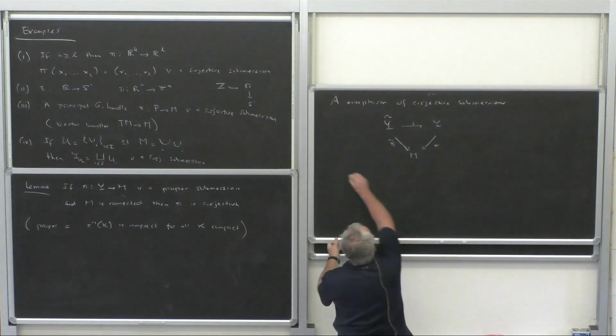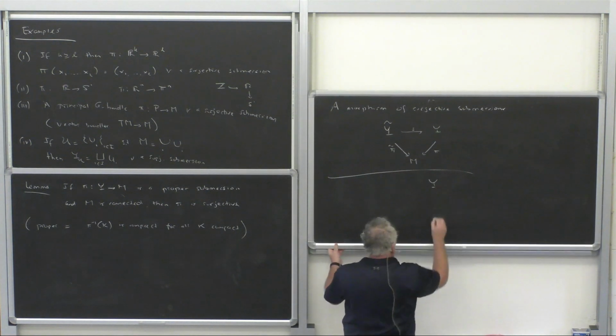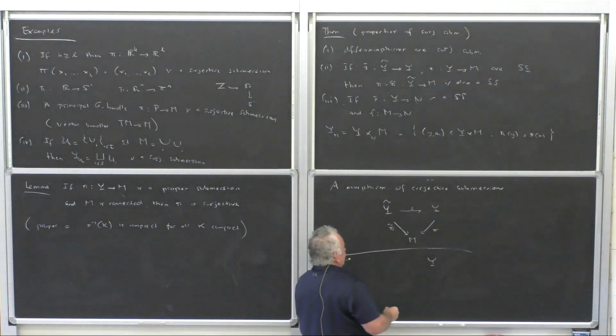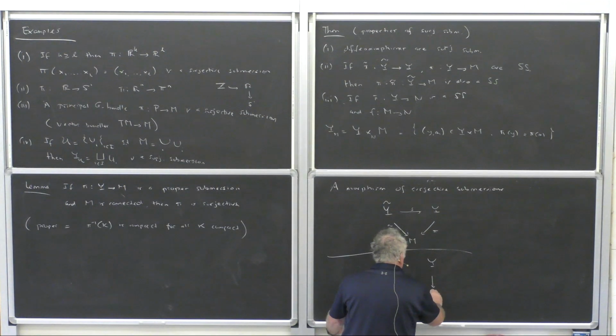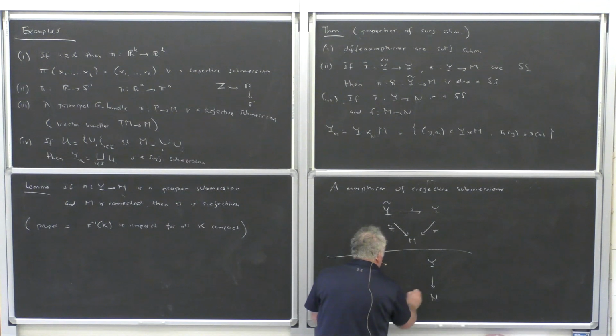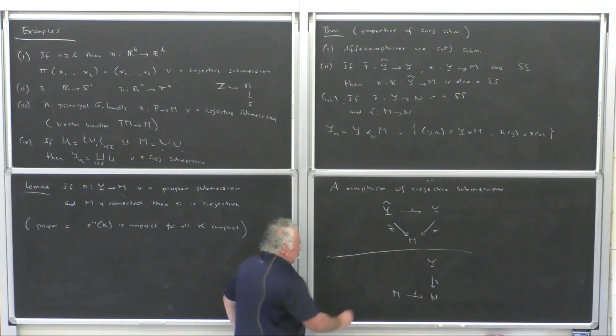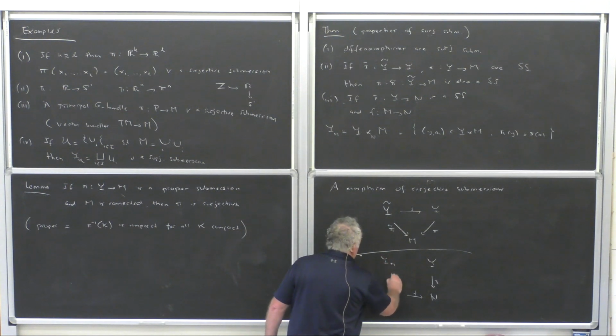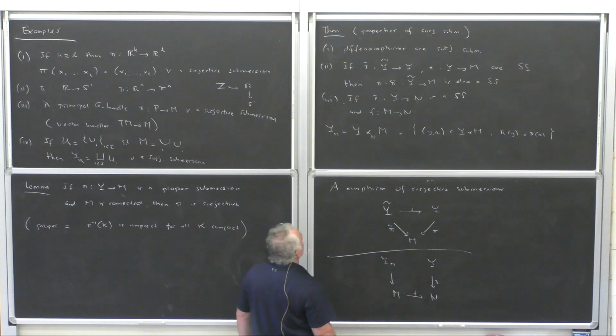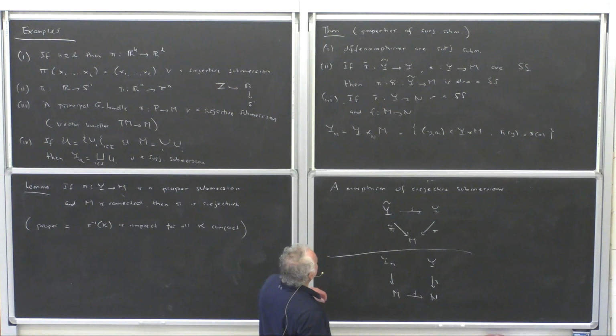So I have a map, a surjective submersion Y to N. I have a map F from M to N. Then I can construct this surjective submersion.